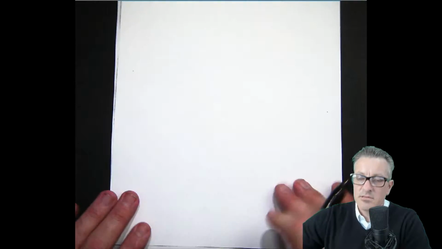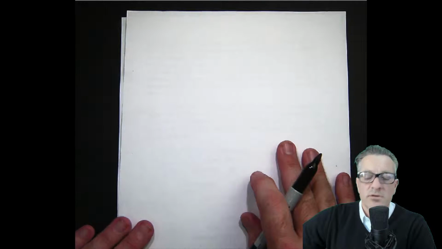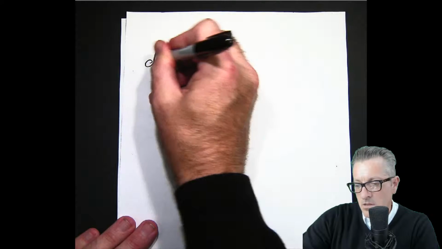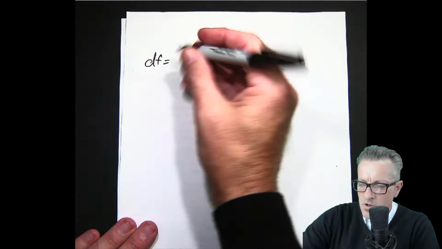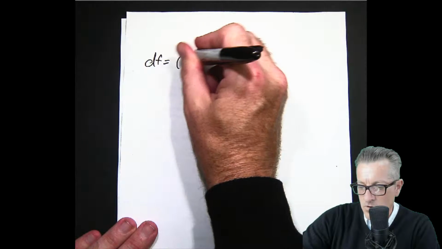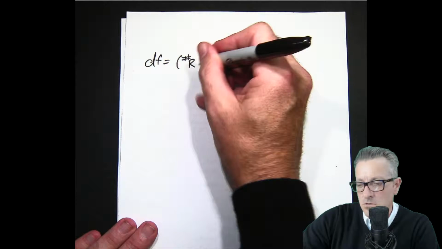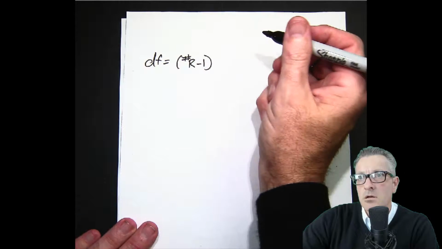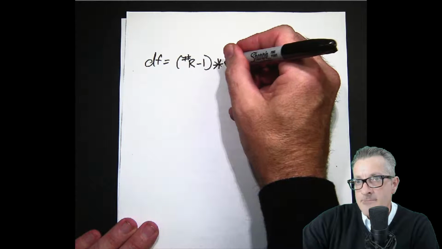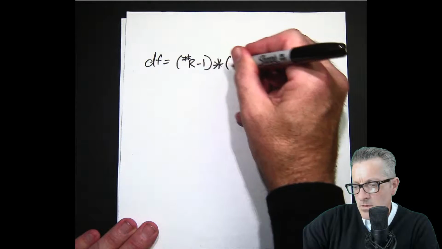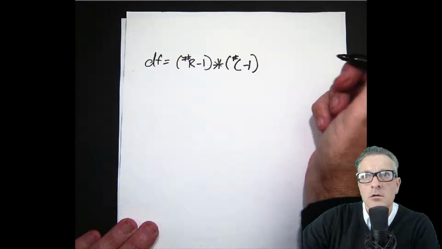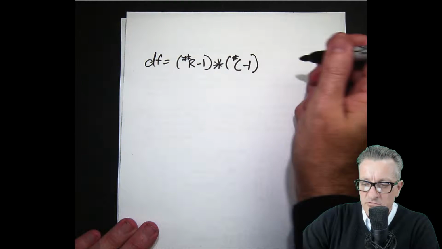First, we're going to list the degrees of freedom. So the degrees of freedom for this question are like this. It has to do with columns and rows. And so it goes like this. Number of rows minus 1 multiplied by number of columns minus 1. And that gives us our degrees of freedom.